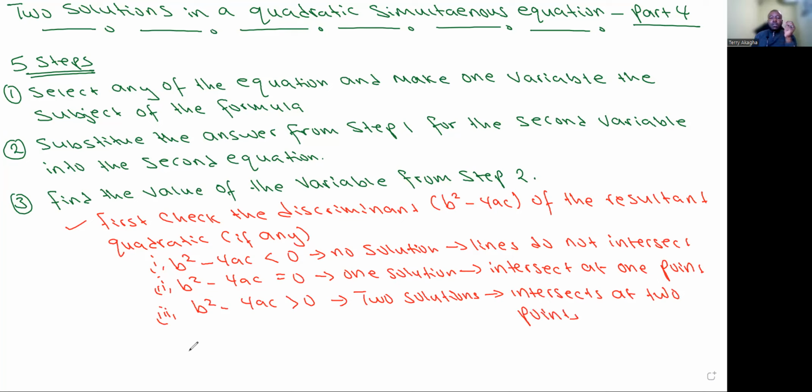So when you're done, you found that, the next thing that you have to do is go to step 4, where you substitute the answers from step 3 into any of the original equations to find the second variable.